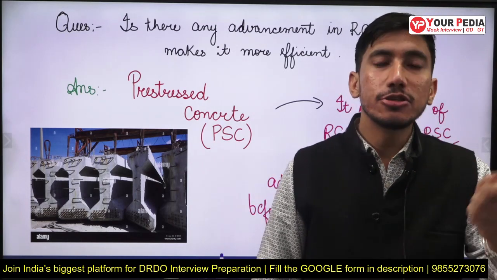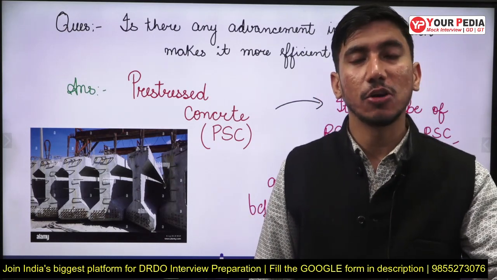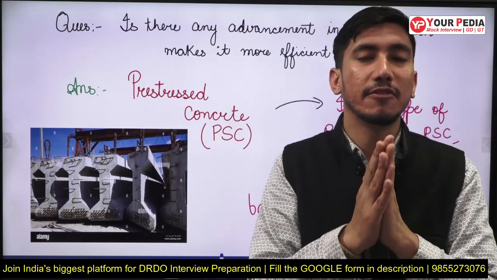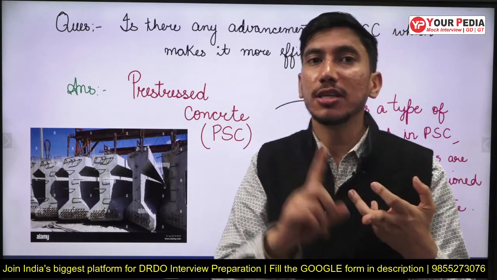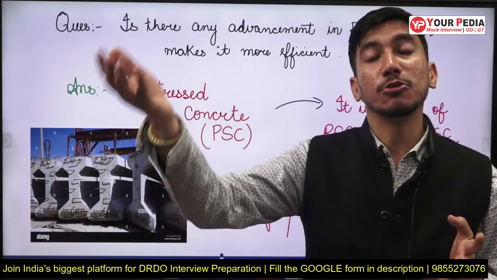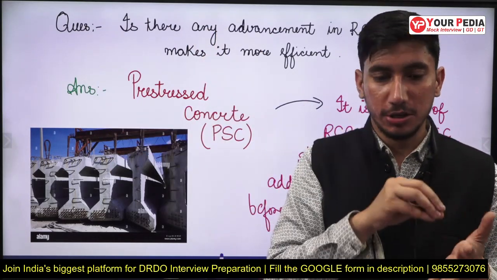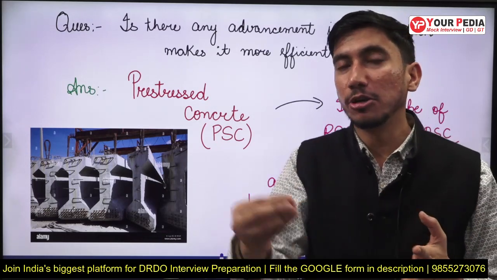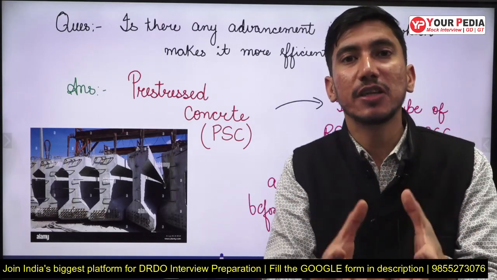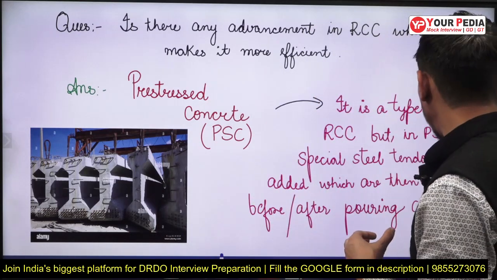These tendons are tensioned before casting the concrete, or sometimes after casting the concrete, and when these are tensioned, some kind of moments are developed in this beam, and these moments or these stresses are opposite to the stresses or the moments that are going to develop during the application of real loads. So due to the introduction of stresses of opposite nature, we have improved the efficiency of our member, of our material. So this is your pre-stressed concrete, as I can show you with the picture.